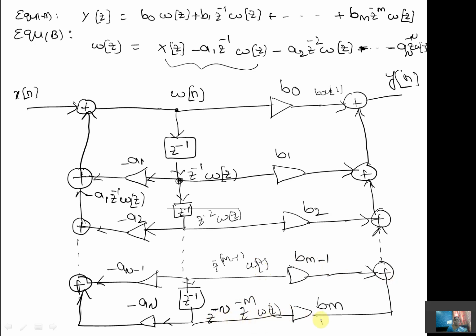Here if m is equal to n, so here we draw like this.